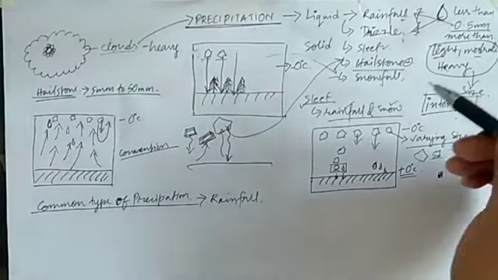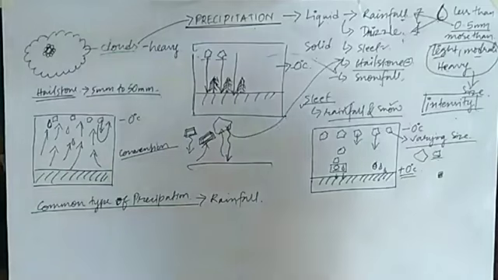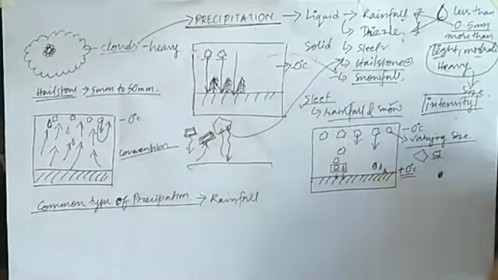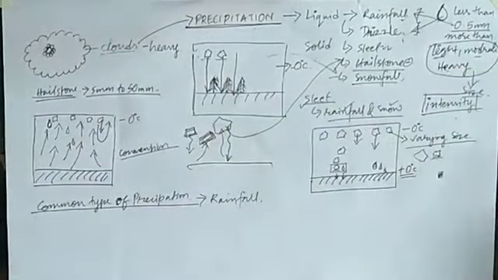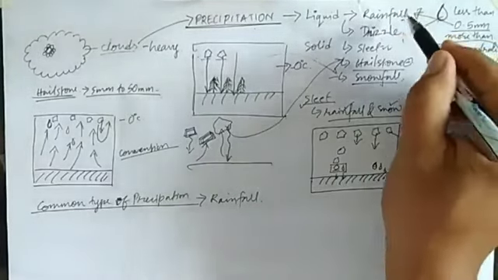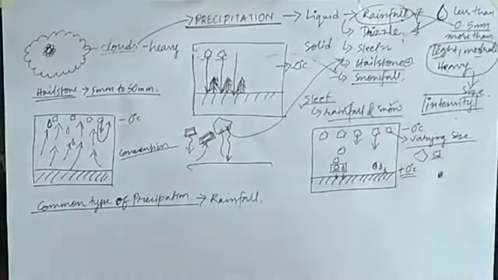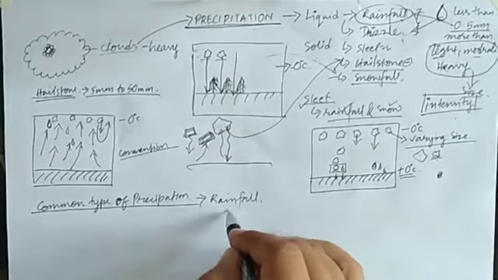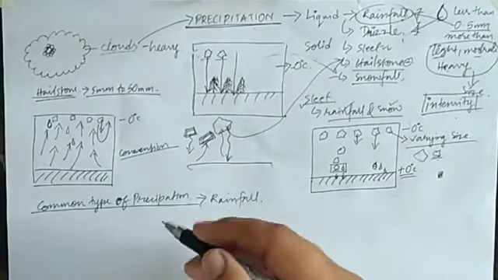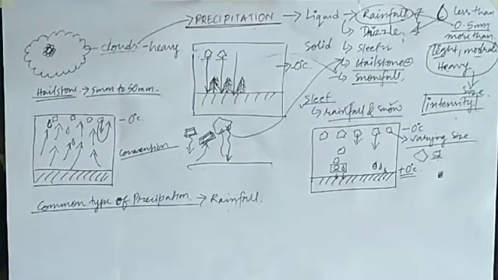Only in higher altitude or higher latitude places do we observe snowfall or sleet, but over most of the earth's surface, the form of precipitation observed is rainfall. So the most common type of precipitation is rainfall. The different types of rainfall are also what we are going to discuss now.